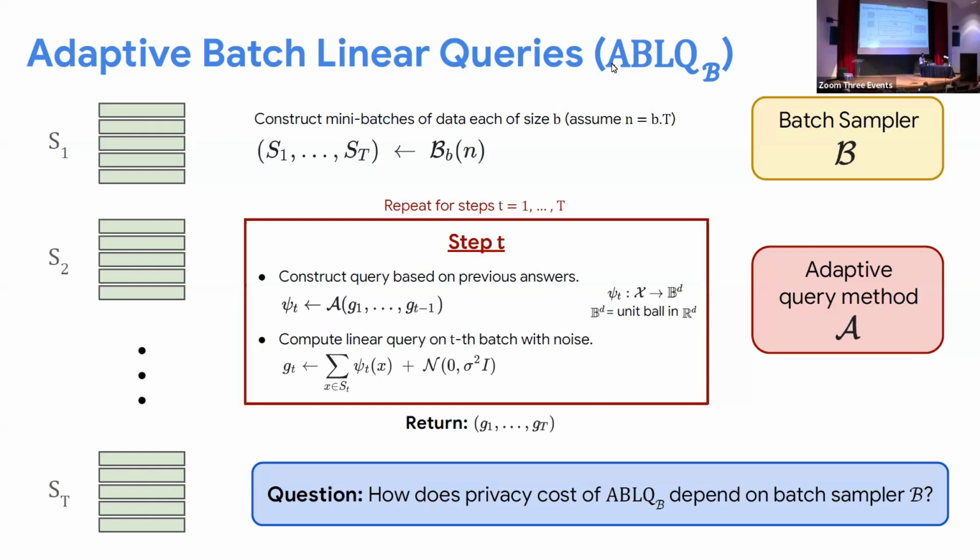So it's similar to DPSGD, but a more abstract notion. You then analyze the privacy of this mechanism. The main question that we are studying is how the batch sampler B affects the privacy cost of this ABLQ.